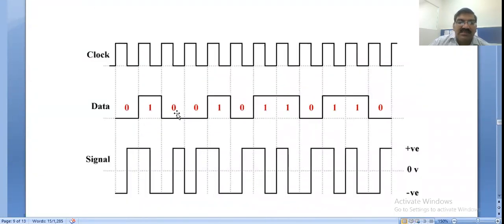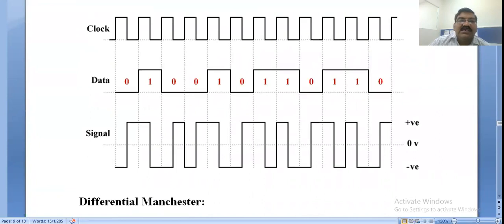This is binary 0. You can see the binary 0 here. Binary 0 starts here: first the negative pulse followed by a positive pulse. So it is okay here.